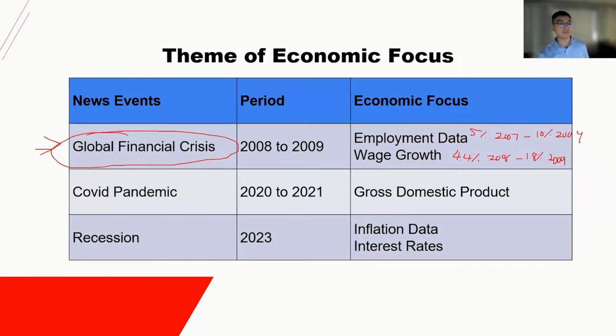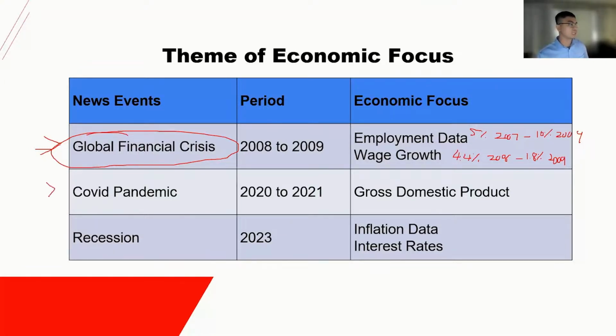The crisis had a very severe impact on employment and wage growth, leading to significant job losses and slower wage growth. The financial markets and central banks all had to take unprecedented measures to address the crisis, and its effects are still being felt today.